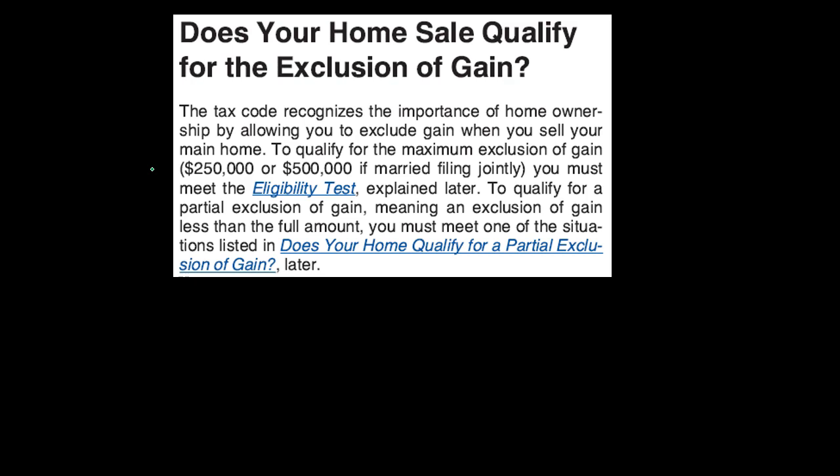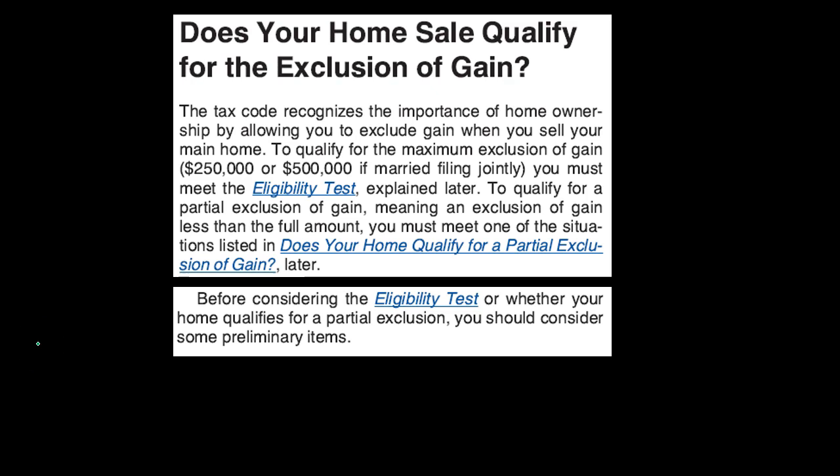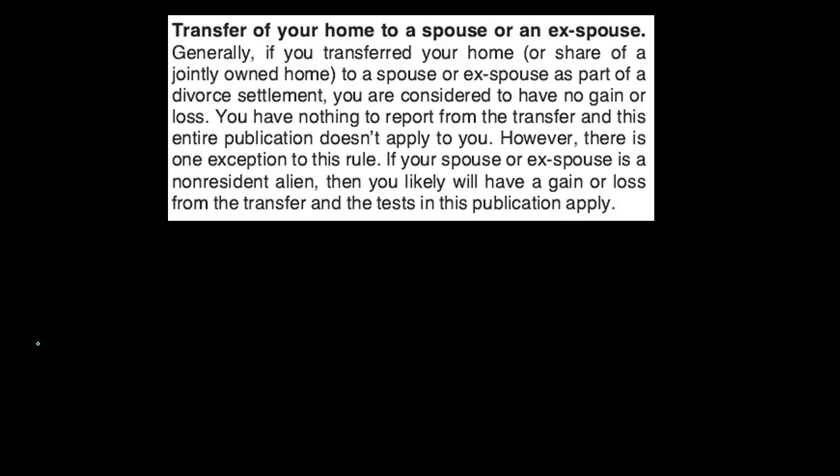To qualify for a partial exclusion of gain, meaning an exclusion of gain less than the full amount, you must meet one of the situations listed in Does Your Home Qualify for a Partial Exclusion of Gain later. Before considering the eligibility test or whether your home qualifies for a partial exclusion, you should consider some preliminary items. Transfer of your home to a spouse or an ex-spouse.